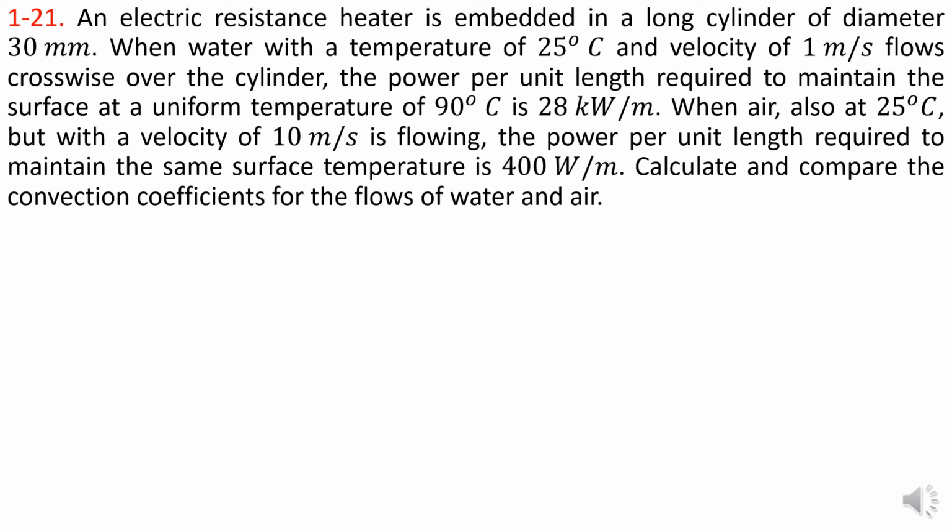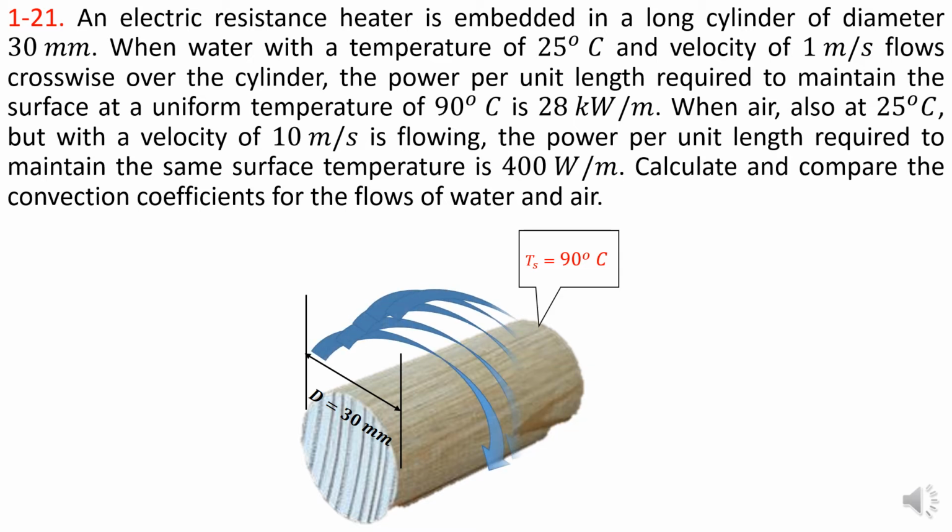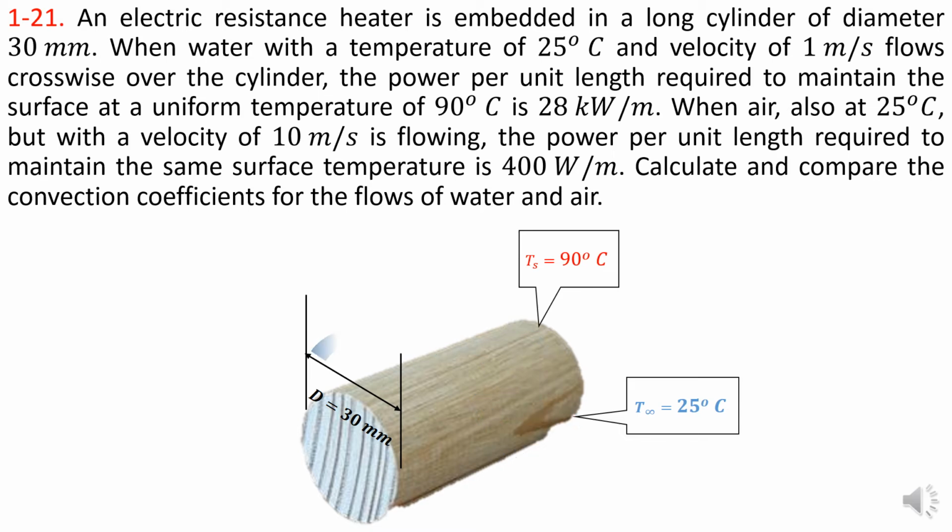In this problem, we have a long cylinder which has a diameter of 30 millimeter and its surface is maintained at a constant temperature of 90 degrees centigrade. Fluid is flowing over it and the fluid is maintained at a temperature of 25 degrees centigrade.